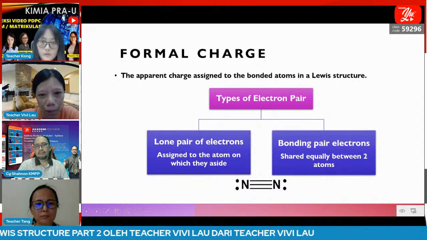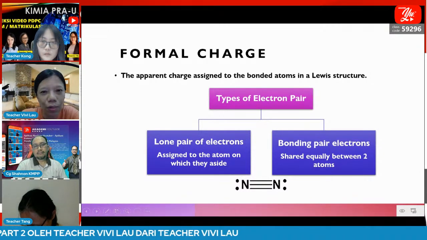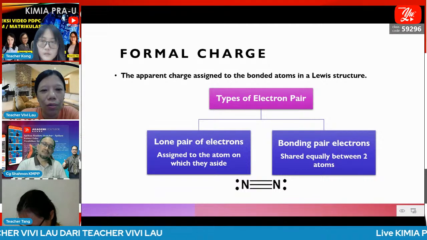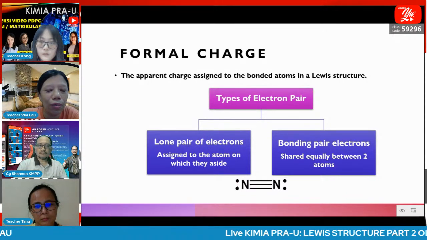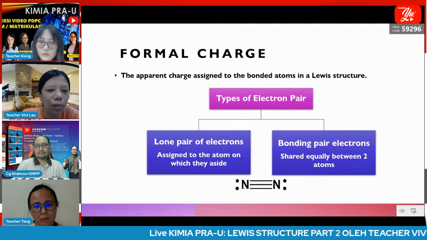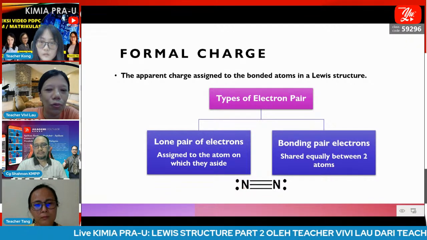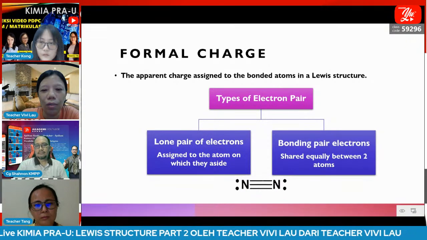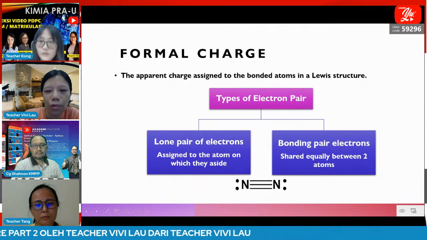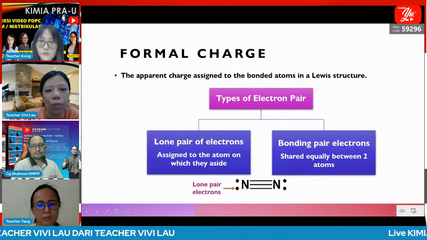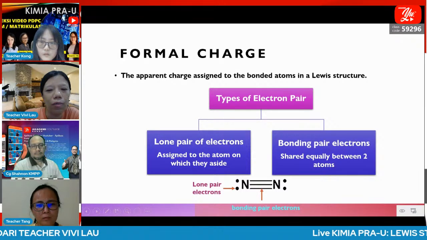First you have to look at the types of electron pairs. We have lone pair electrons, which means the electrons just belong to the atom, not shared. Then bonding pair electrons means the electrons are shared between 2 atoms, shared equally.